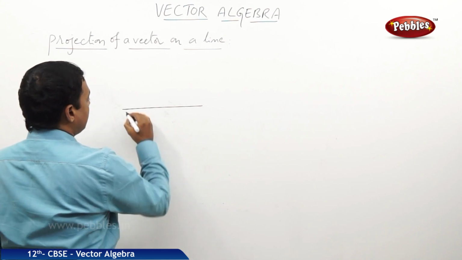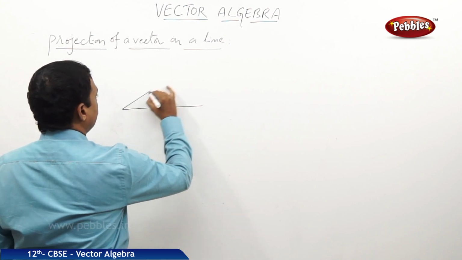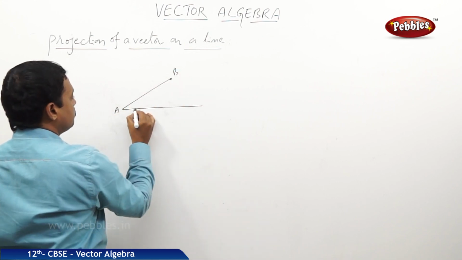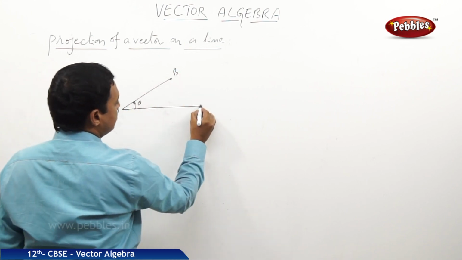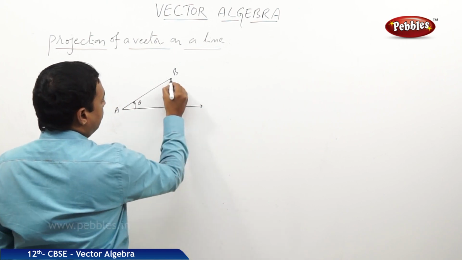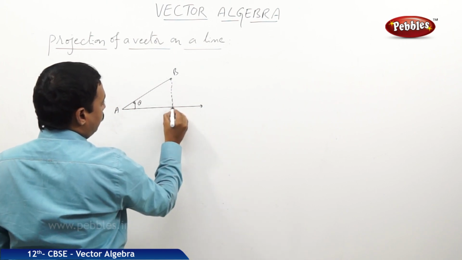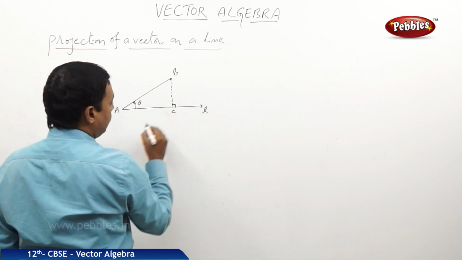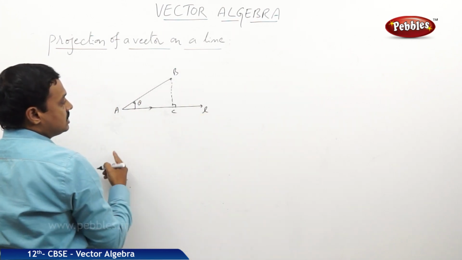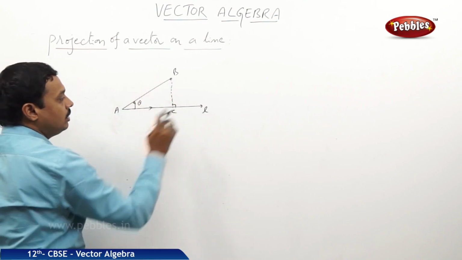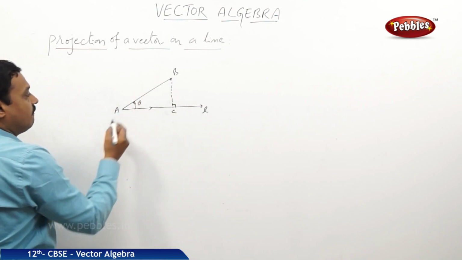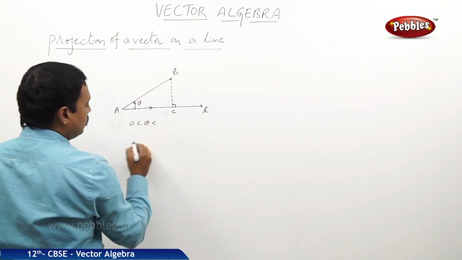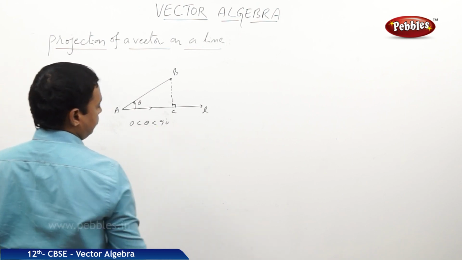Now let us see the projections of a vector on a line in different ways. L is a line and AB is a vector which makes an angle theta with this line. So draw a perpendicular from B to the line L. Now the vector AC is called the projection of AB on the line L, when theta lies between 0 to 90 degrees.